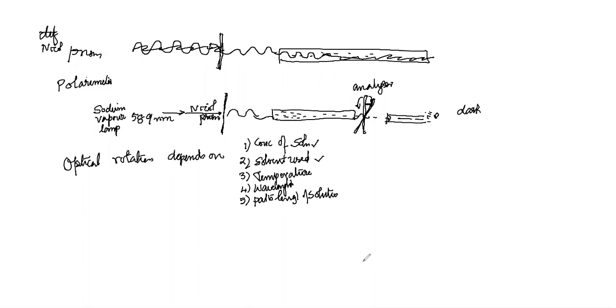So whenever you study optical rotation, you have to use only one solvent and report the name of the solvent you have used. If we change the solvent, the optical rotation will change. So normally we use only one solvent for a compound and we report that. So this will be a constant.